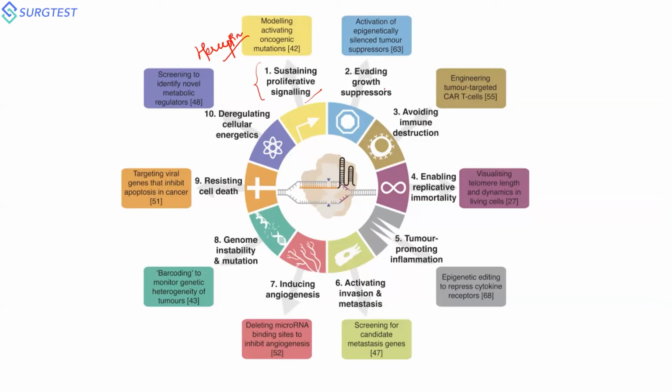Evading growth suppressors, your P53s are being suppressed. Epigenetic alterations or epigenetic treatment have a new hold. It has been under research to identify how to promote the silenced tumor suppressor gene to become more active again. So this particular mechanism of functioning is being described as a modality of treatment for cancers.